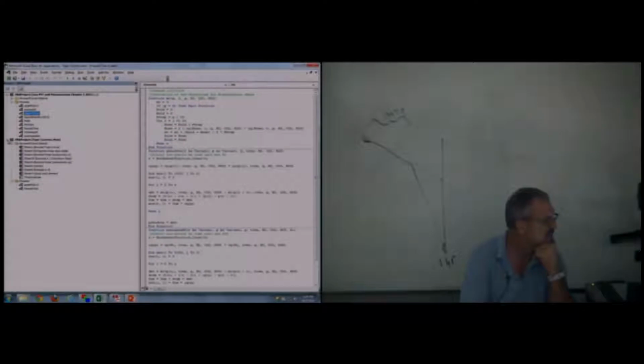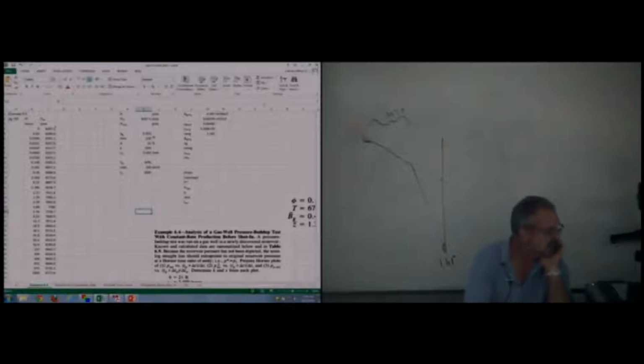Also, I can drag and drop. In VB, if I had 2 workbooks open, I can just drag and drop from one workbook to another. Okay, so I'm done in VB, and I'm done with this workbook.